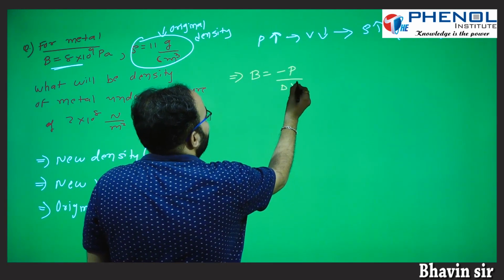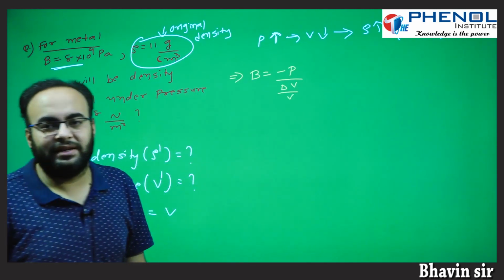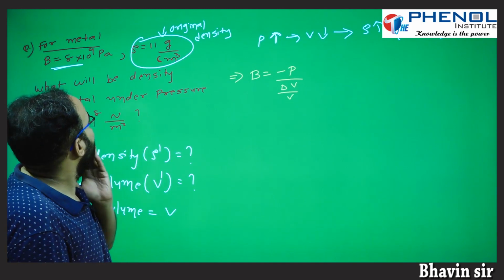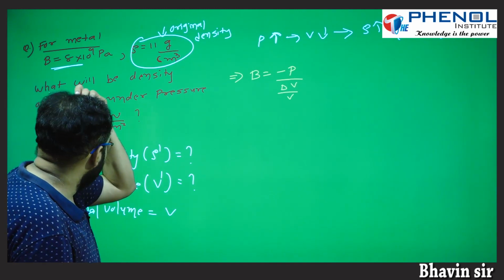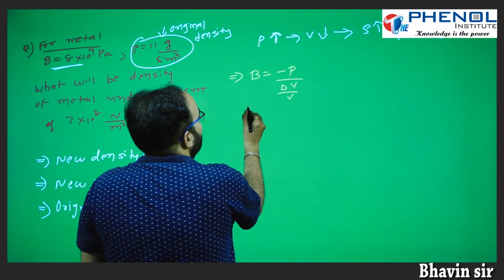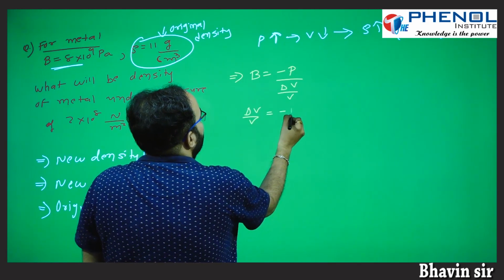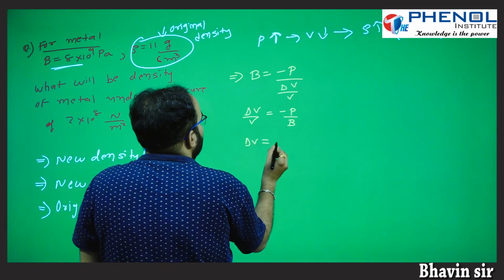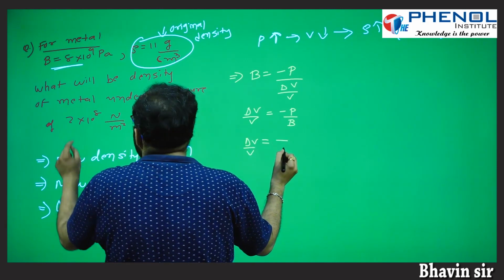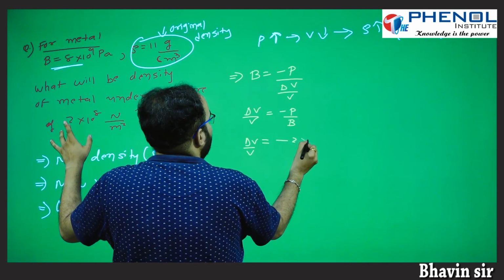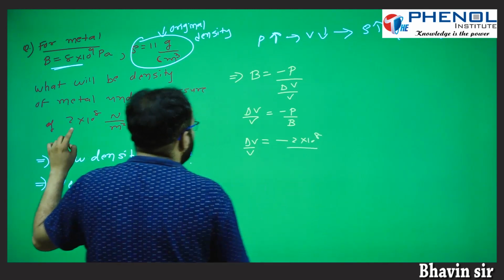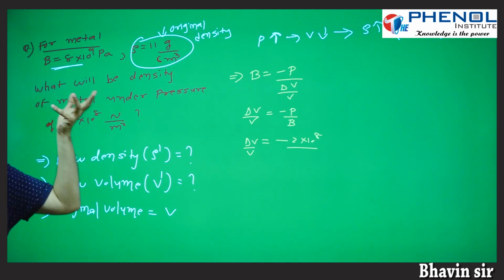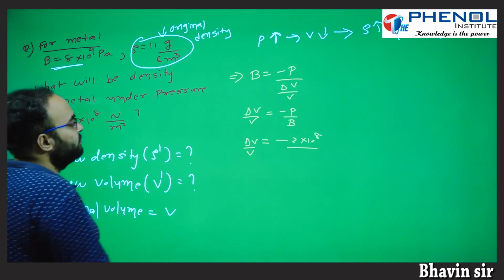Minus P delta V by V. That minus indicates that pressure increased, volume decreased. So what is the answer of delta V by V? The pressure is 2 into 10 raised to 8, and the bulk modulus is 8 into 10 raised to 9. Units are the same: Pascal means Newton per meter square.